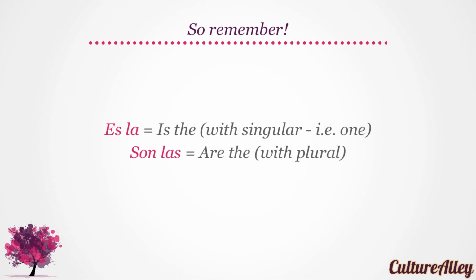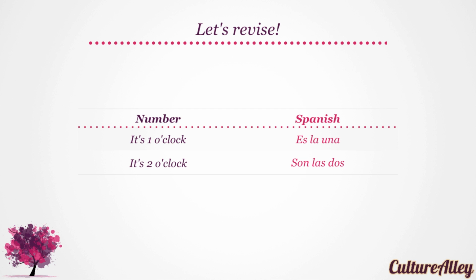Remember that es la translates to is the with singular number, that is 1. Son las becomes are the with plural numbers like 2, 3, and so on. Let's revise what we've learned. It's 1 o'clock translates to es la una. It's 2 o'clock becomes son las dos.